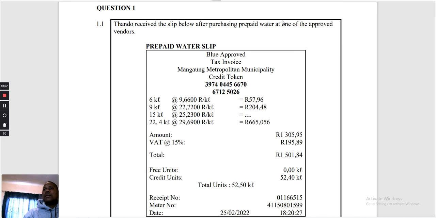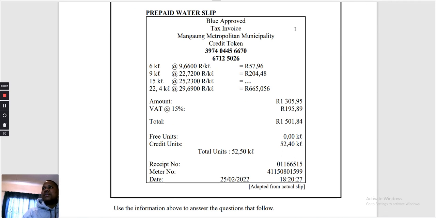Okay, question number 1. Tando received the slip below after purchasing prepaid water at one of the approved vendors. When we look at the slip there, we can see the blue approved tax invoice, Mangaung Metropolitan Municipality, and in the credit token, we are given the units, also the cost per unit.